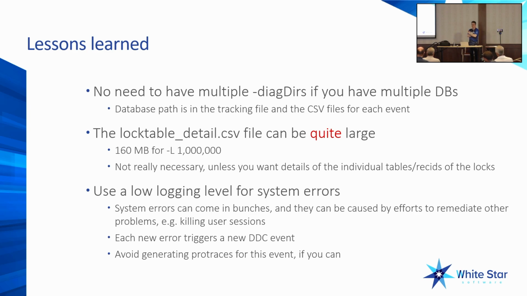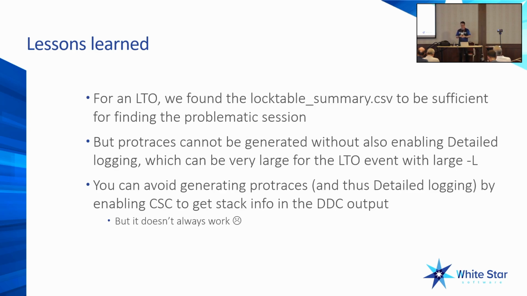So unless you really care about which table was it, which rec ID was it in that table, then the lock table summary, which tells you every user and their number of locks, that's what you care about, because you want to find out, okay, who's the user or top 2 or 3 users who are consuming all of the lock table, and then what code were they running. You don't really care about the guys who have 2 and 3 locks. That's normal. So that just says what I just said.